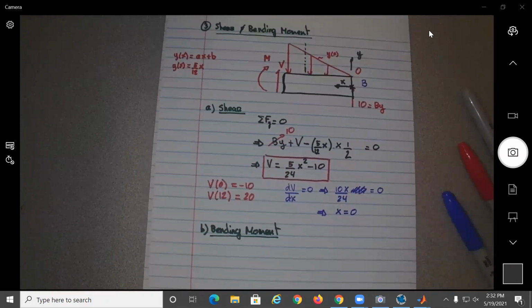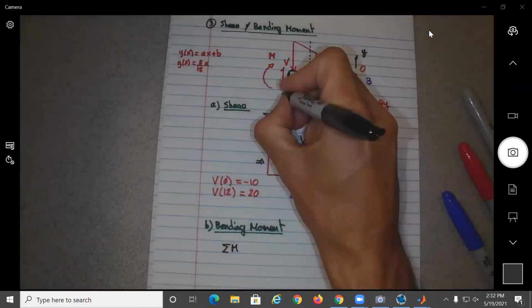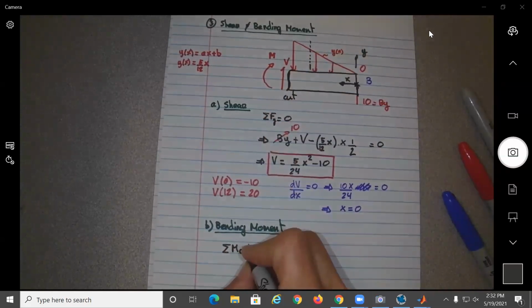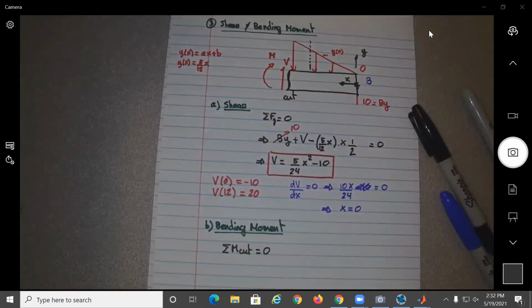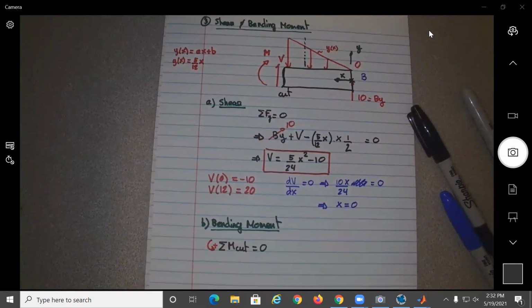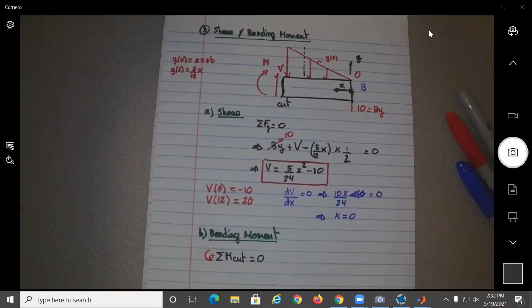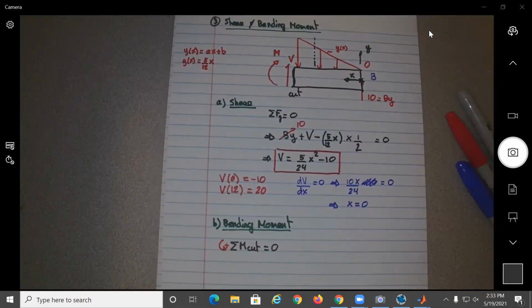And for that, what do we do? We take the moments, but this time we don't have a choice about the moments. You always take the moments about which point? About the cut. Okay, so now let's be a little bit careful, because the moments will be force times arm.